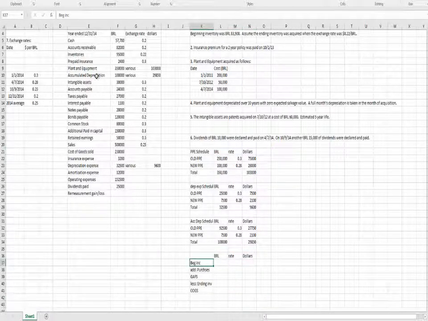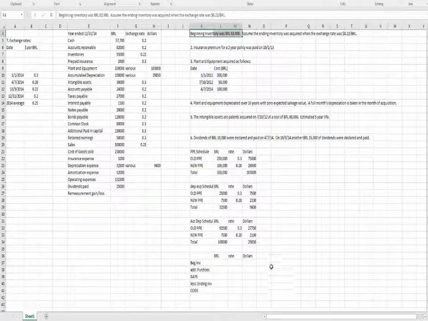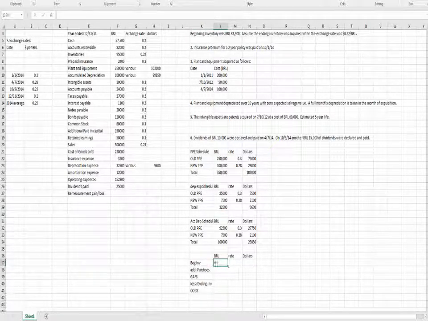Okay, beginning inventory. It says beginning inventory was 83,900 reals. The exchange rate for that beginning inventory, again, we acquired it on January 1st, 2014, and by extension we acquired that inventory at a rate of 30 cents per real.